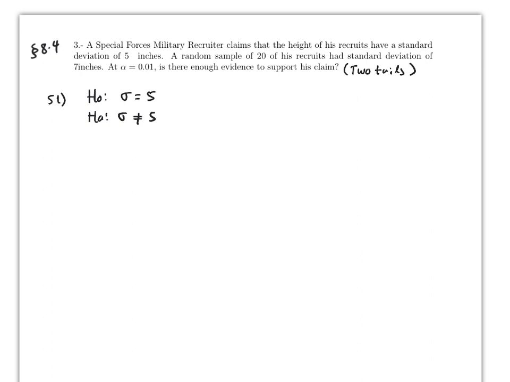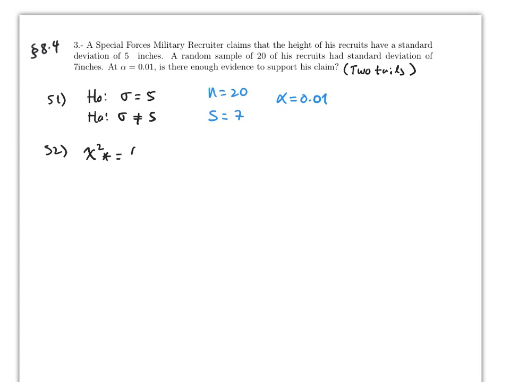The information that we have is n is 20, the sample standard deviation is 7, and alpha is 0.01. So in step 2, we need to find the test statistic.